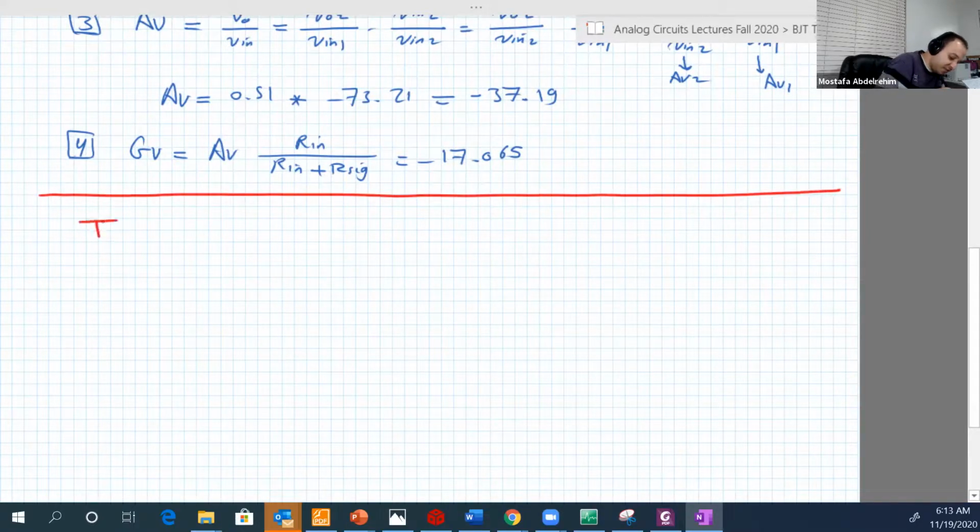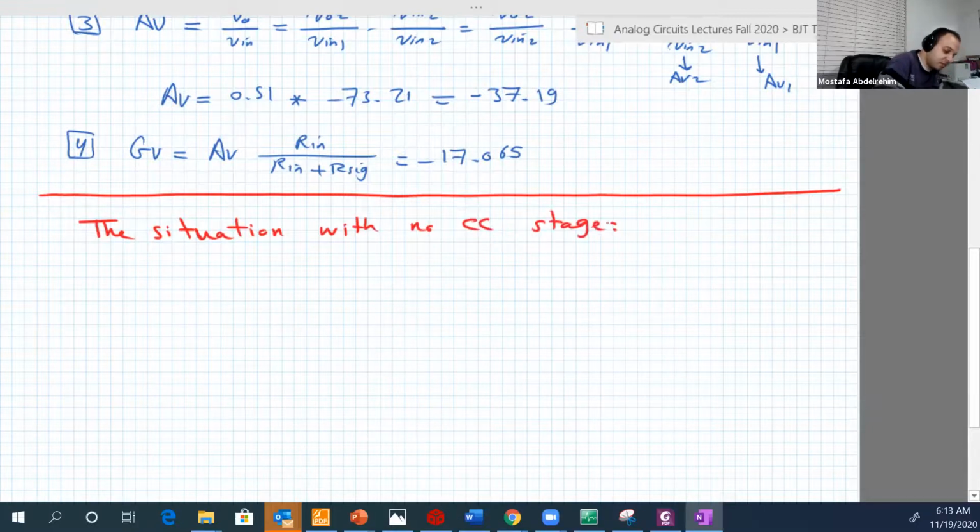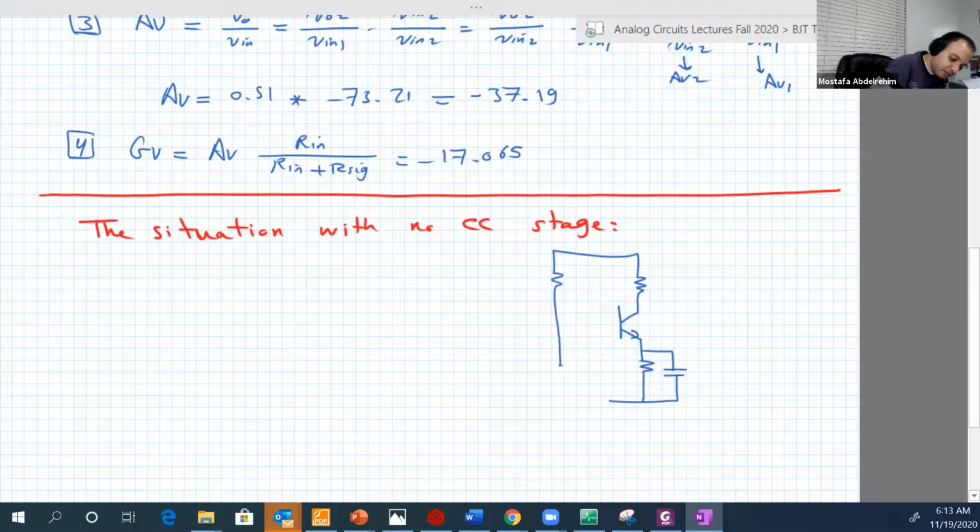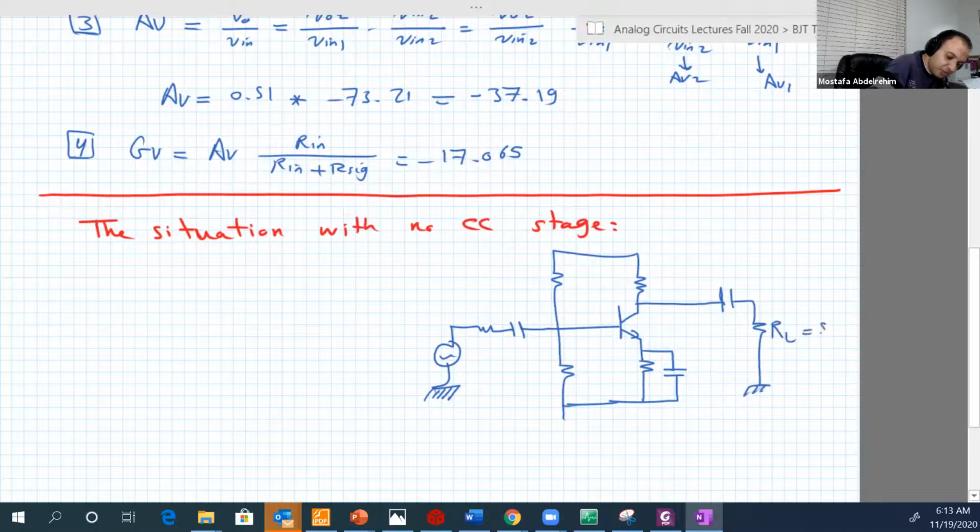The situation with no common collector stage: we will have the following circuit, the common emitter, same circuit, and the output is just connected directly to the load of 50 ohms.